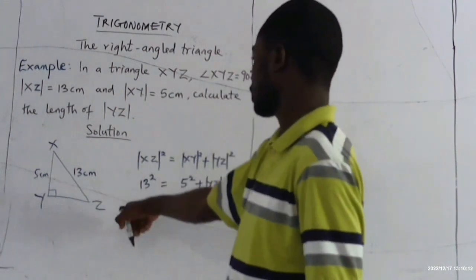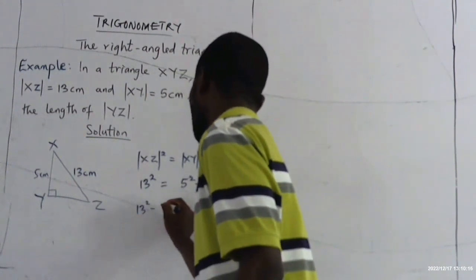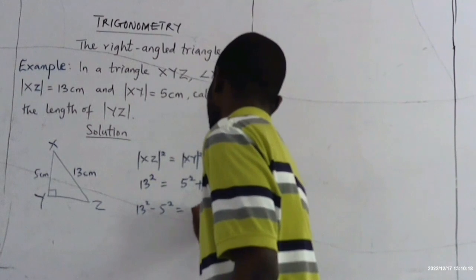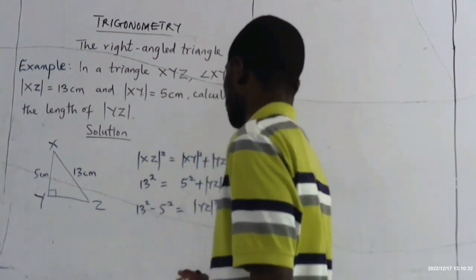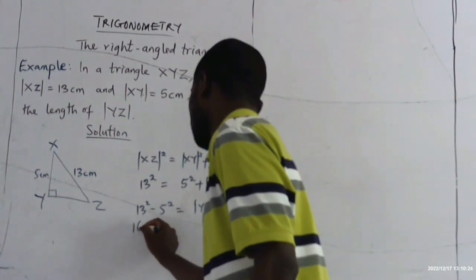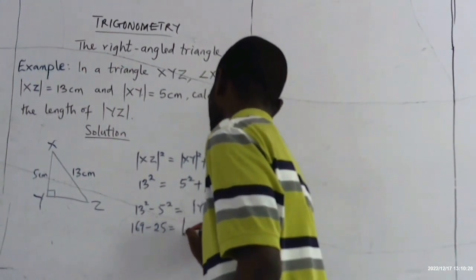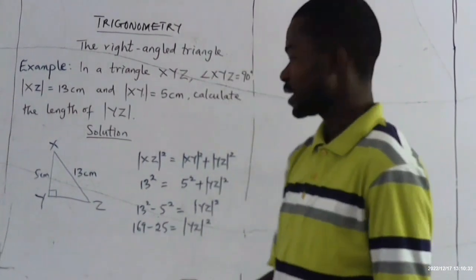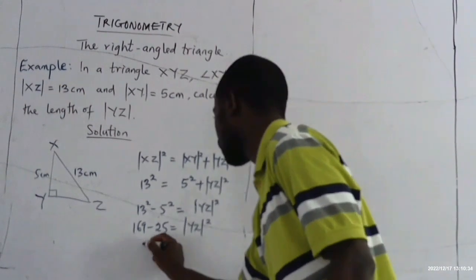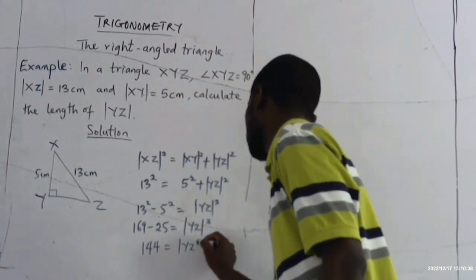So we move this one here first so that this can stand alone. We have 13 squared minus 5 squared equals side YZ squared. Now we have 169 minus 25 equals YZ squared, and 169 minus 25 gives you 144, which is YZ squared.